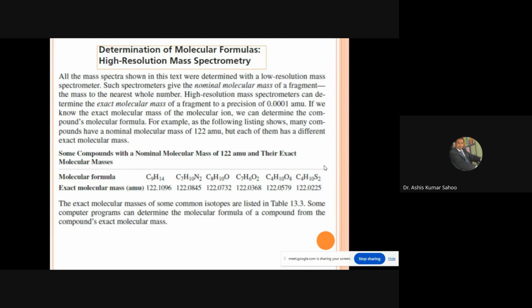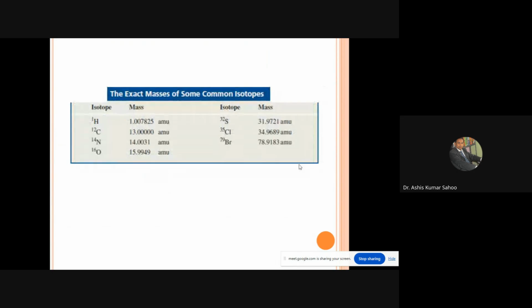High resolution mass spectroscopy can determine the exact molecular mass. You can see the molecular mass of this molecule is 122.10, so the exact mass can be detected by a mass spectrometer. You can also see the different isotopes of hydrogen and carbon and their molecular masses.